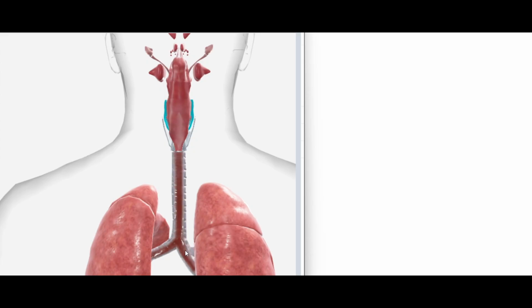When the tip of that tube sits here, you can guess where the problem is. As we pass air down through that tube that we've placed with the bag valve mask, that air is only going to go into one lung and not the other. And so we recognize that by listening to the lungs with the stethoscope after we place a tube. If we do notice that, we just back the tube out a little bit and then listen to our equal breath sounds.